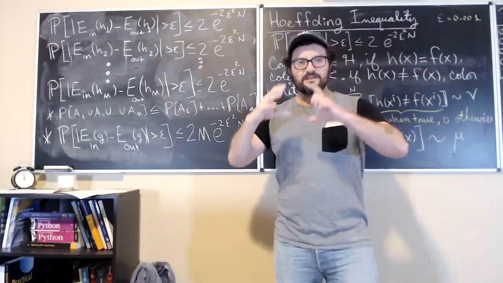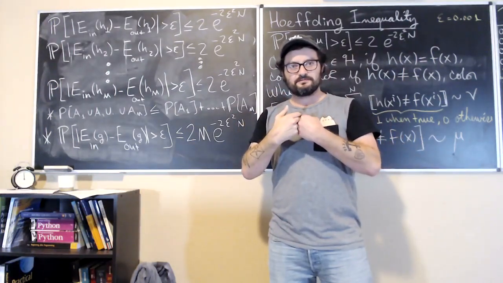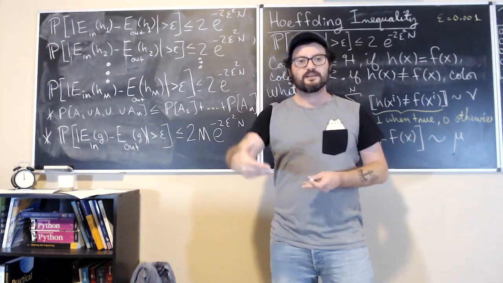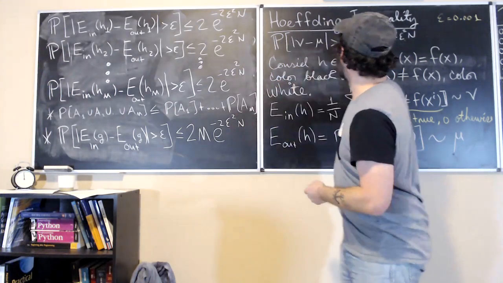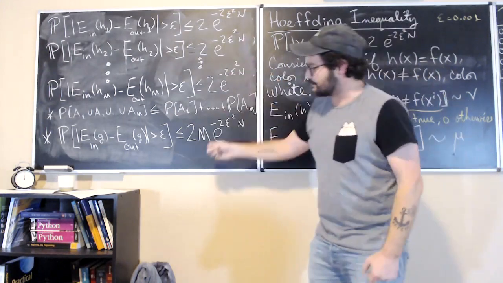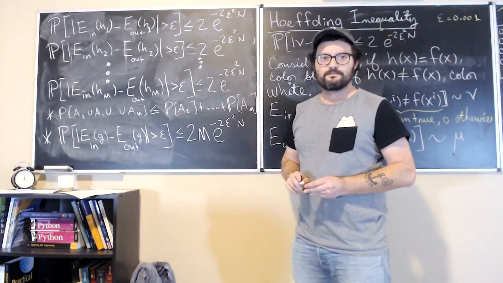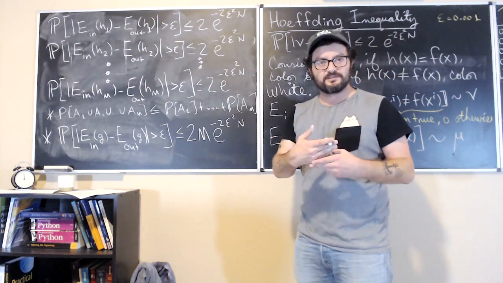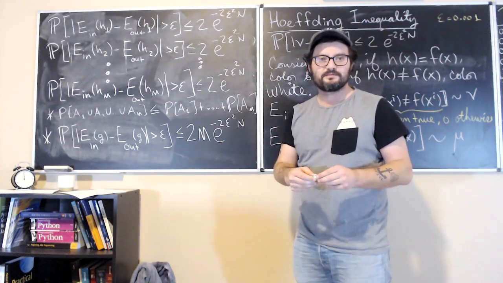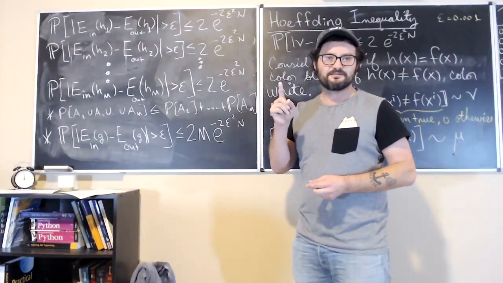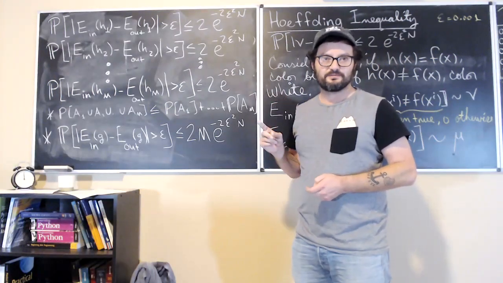So the sample data that we own needs to be chosen randomly in order for this bound to be valid. So how the data is chosen that you use is important. That's number one. How the data is chosen. It needs to be random.